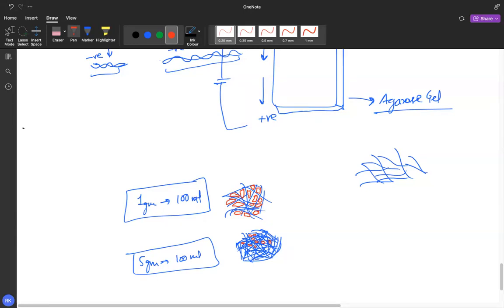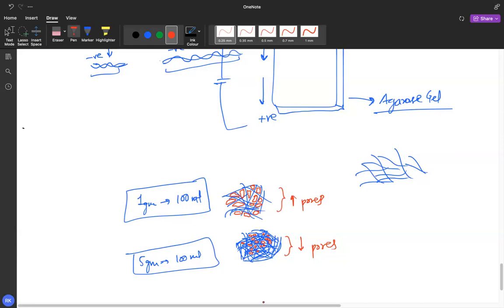In which case are the pores bigger and in which case smaller? In the first case, they're bigger, when it was 1 gram. Less concentration means bigger pores. More concentration means smaller pores.